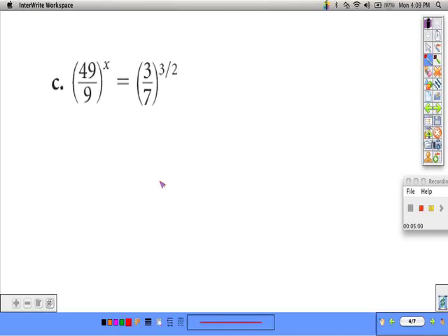Getting a little bit more complex. Now we have fractions. Notice that 49 and 9 are both perfect squares. 49 is 7 squared, 9 is 3 squared. So 7/3 squared gives us that original base, so squared times x.